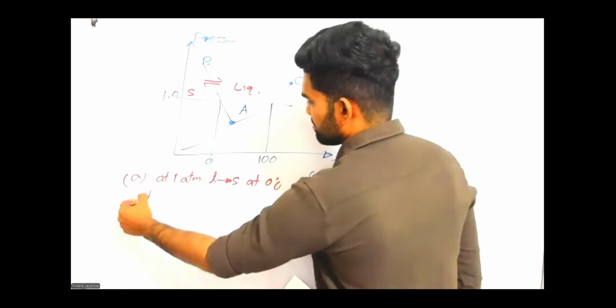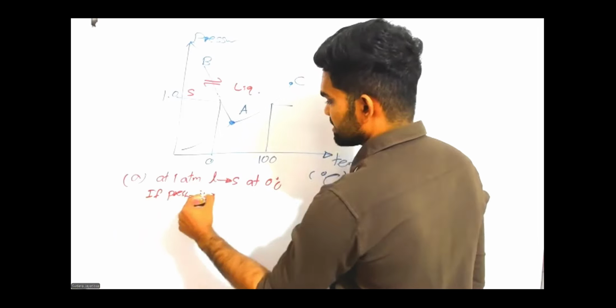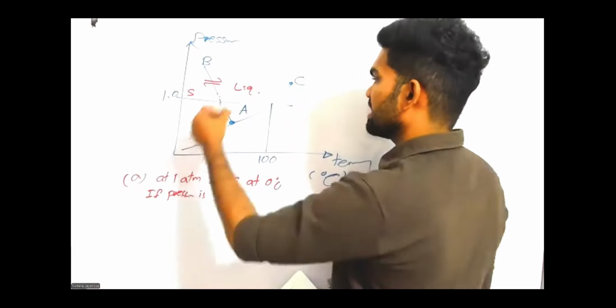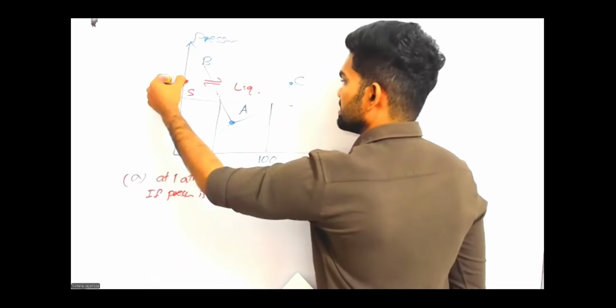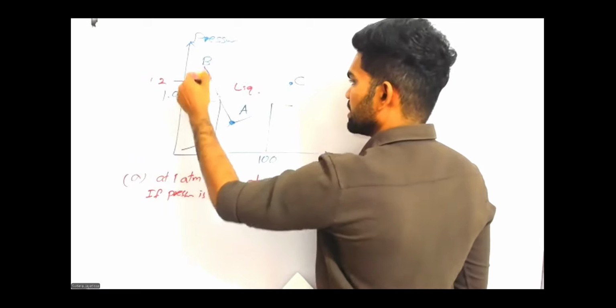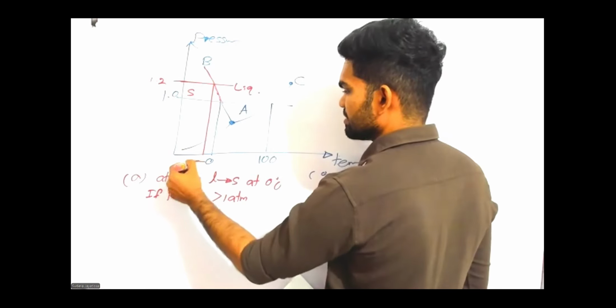But if the pressure is greater than 180, let's say a higher pressure, for example 1.2 m, then you can see the temperature is lesser, no?